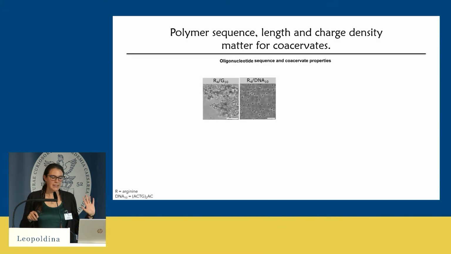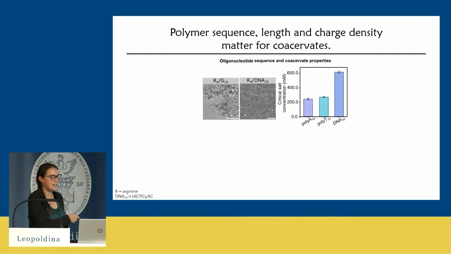The first thing that we decided to look at was playing a bit with the sequence of DNA or RNA. What you can see here is that when you have polymers that are just made of 1 nucleotide, you don't necessarily have an advantage. So here, for example, you have just solid aggregates occurring when you have a polymer of G. When you have a mixed system, you have droplets, so you have the coacervates.